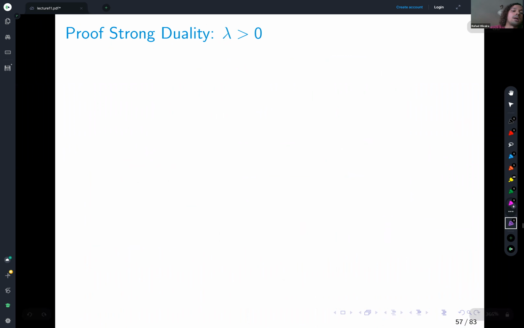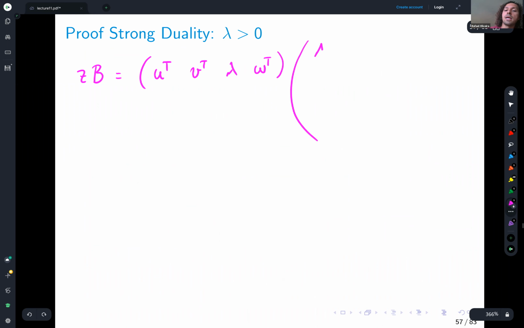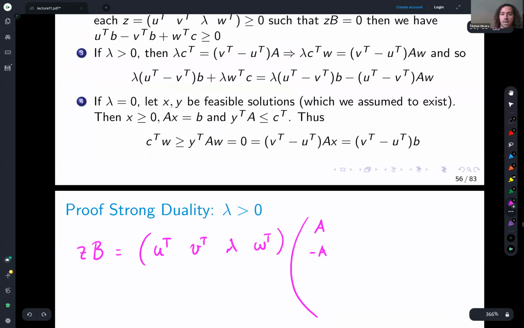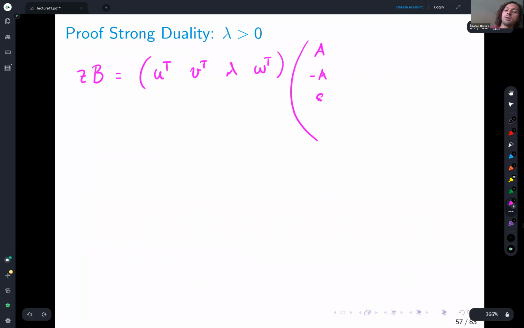So let's look at our equation here, Z times B. We know that Z times B is equal to U transpose, V transpose, lambda, W transpose times the matrix B, and B is A minus A, C transpose 0, then 0, 0, minus B transpose, A transpose. Sorry, I always get the signs wrong.